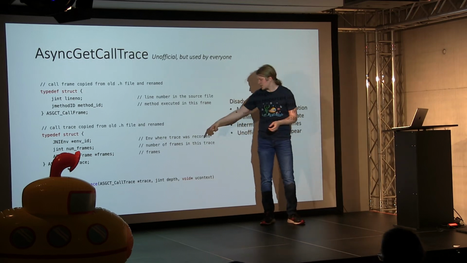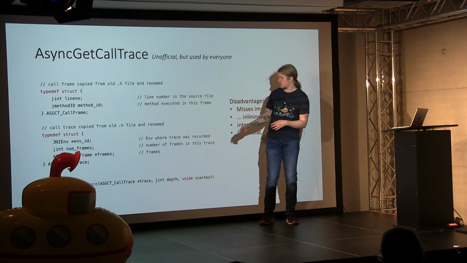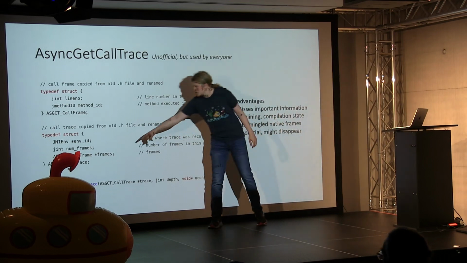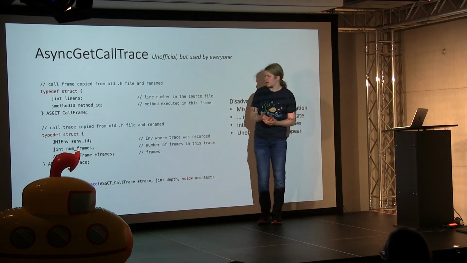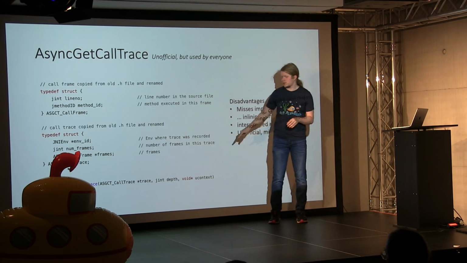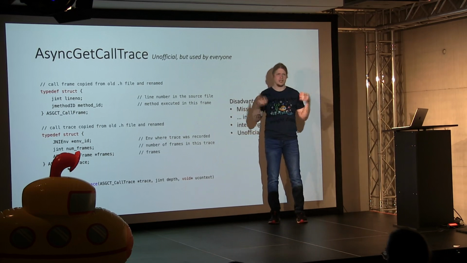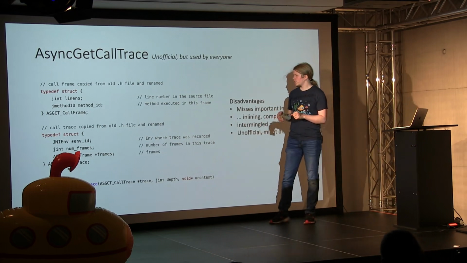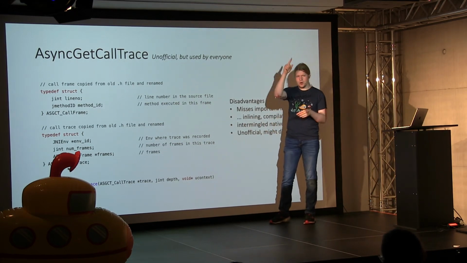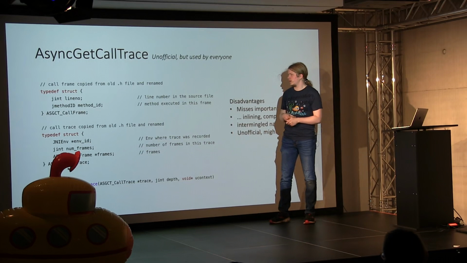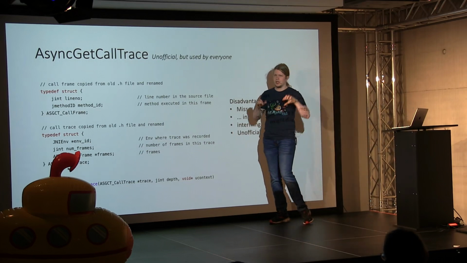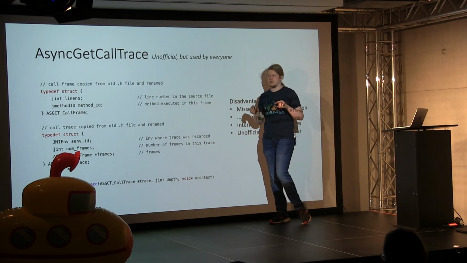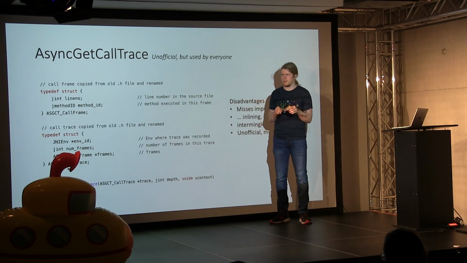Then you pass it how many frames you can store, because this is C. You don't have any size information, you directly add frames. The ucontext is the context of the thread that you currently interrupted. Your signal handler gets it. And what AsyncGetCallTrace then does is walk your stack and return the information on the Java frames and also on the frames that are the border between Java code and native code.